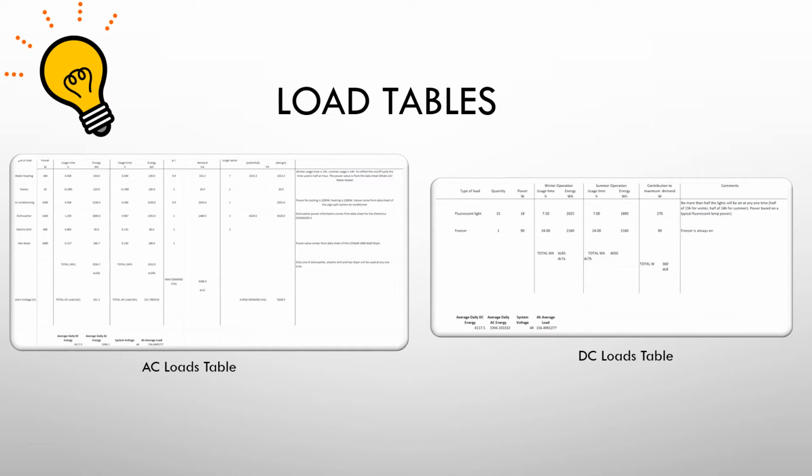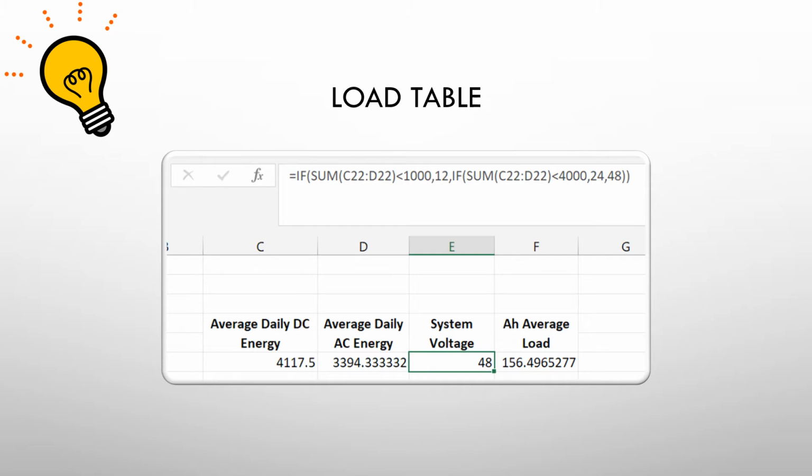This table is also fully automated, which therefore makes it easy to monitor the effects that changing an individual load has on the energy required for the system. This is the automated table with the formula for finding the system voltage shown above.